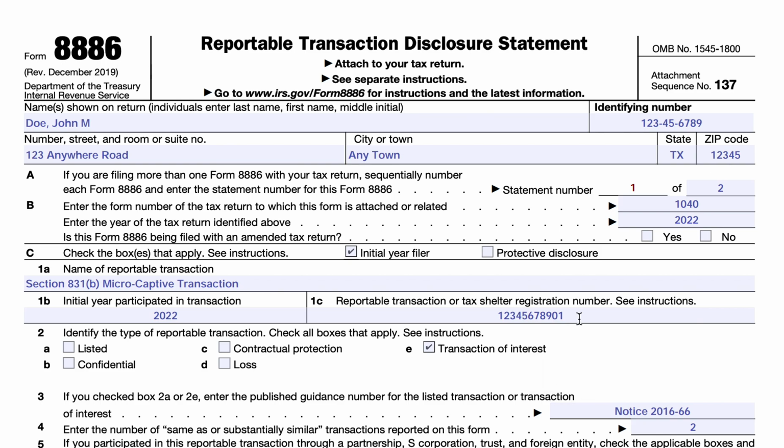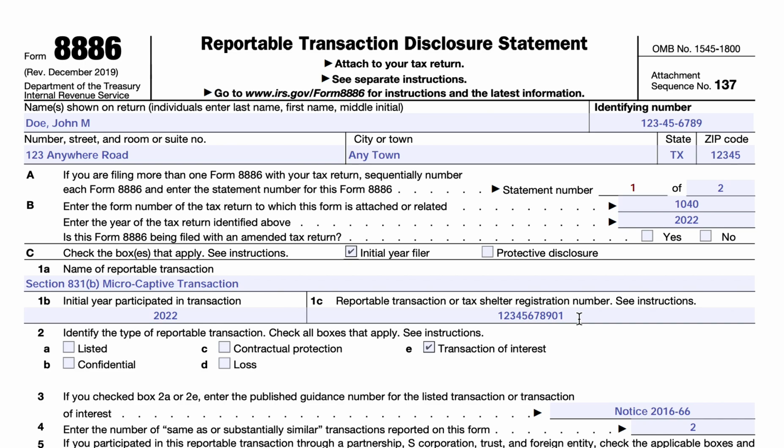Those are transactions that are the same or substantially similar to transactions that the IRS has identified, where the transaction has potential for tax avoidance or evasion, but there isn't enough information to determine if that transaction should be identified as tax avoidance.